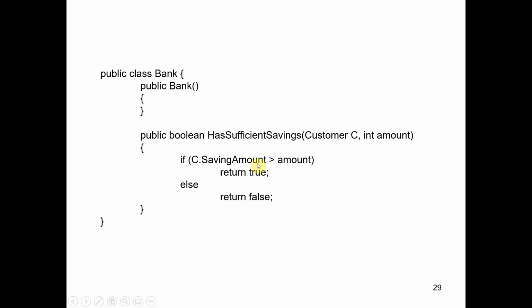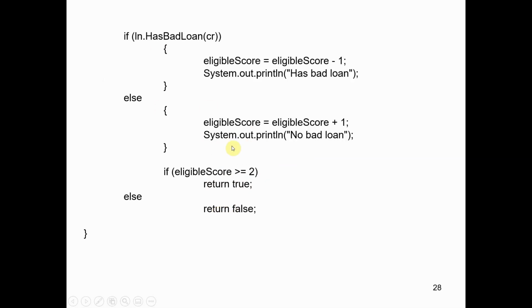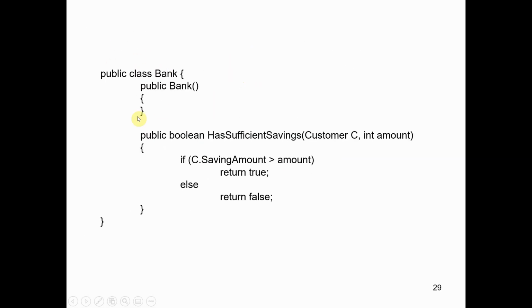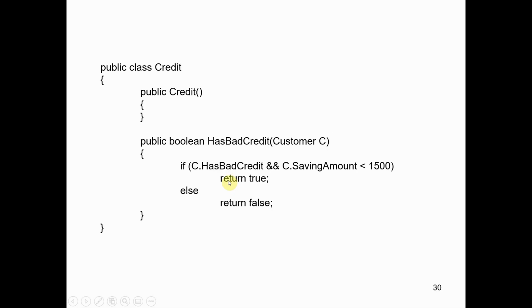If the saving amount is larger than the amount the customer is trying to get from the bank, then return true, otherwise return false. So the bank has this method, and this is how you get from here: you provide a customer and a loan amount, and this will forward the request to the bank class, to this method.